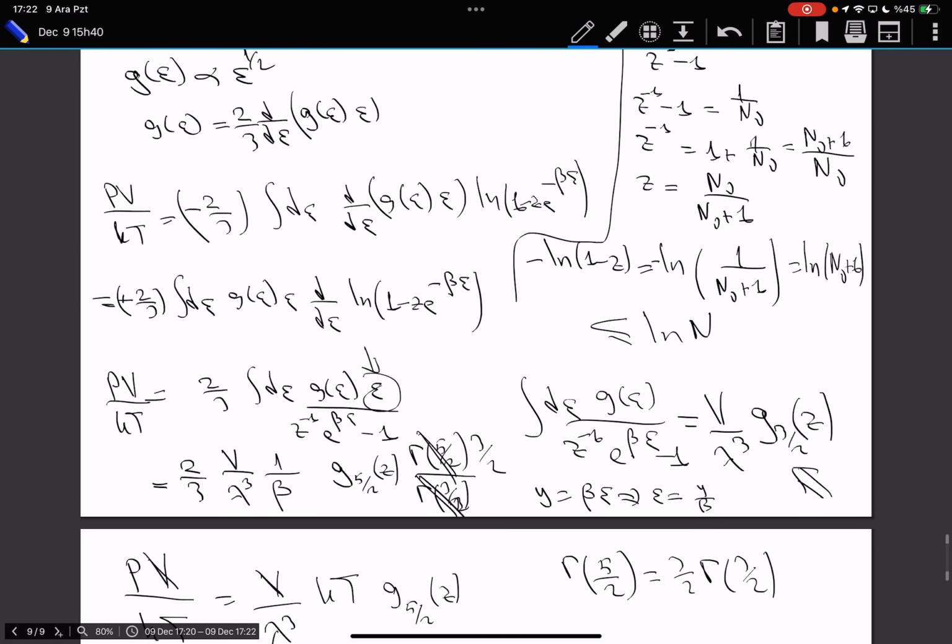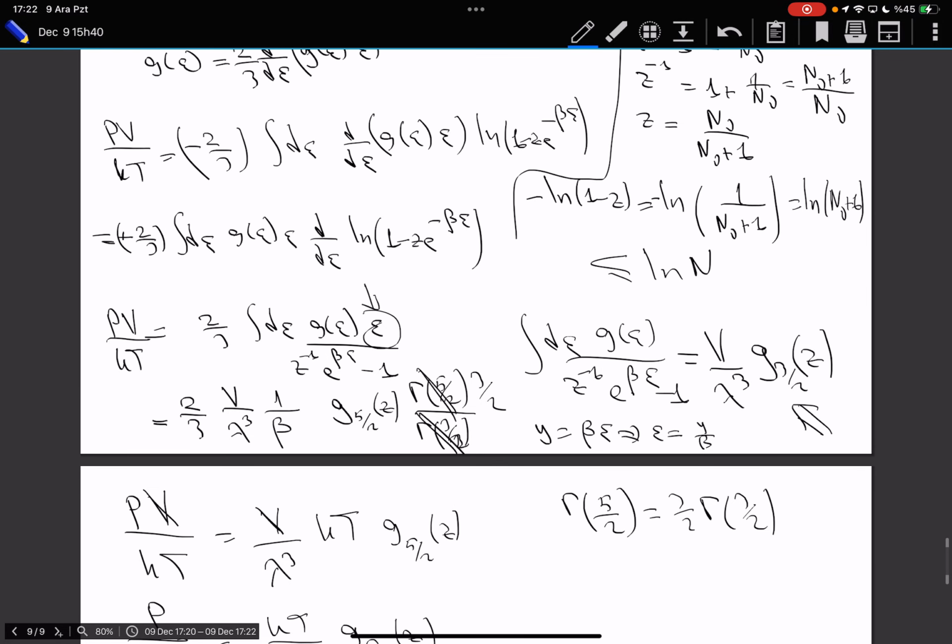And I think I know where I missed it. You see, the derivative of this logarithm with respect to epsilon brings down an additional factor of beta. This derivative with respect to epsilon, I have z times e to the power minus beta epsilon times beta over there.